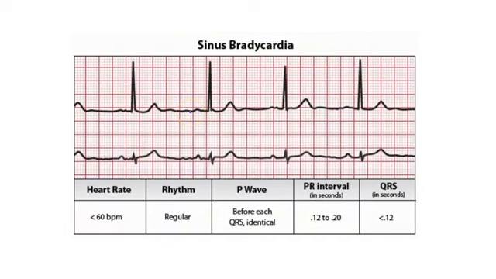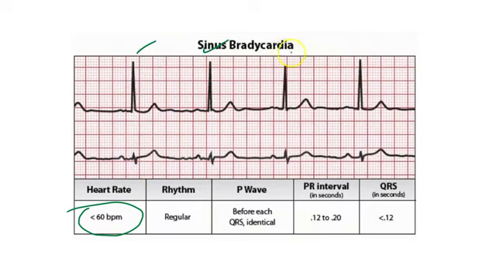Okay, and make sure you know the abnormal ECG. One of them is sinus bradycardia. In the sinus bradycardia, you can see the regular rhythm. We can find P, Q, R, S, T, all going to be regular. But the problem is that the heart rate is less than normal, less than 60 beats per minute.